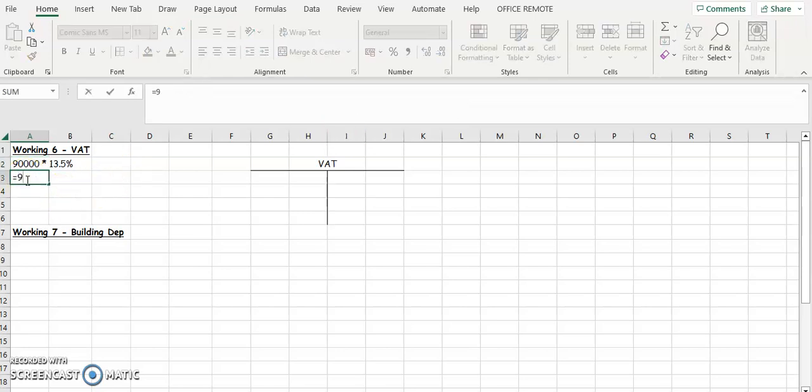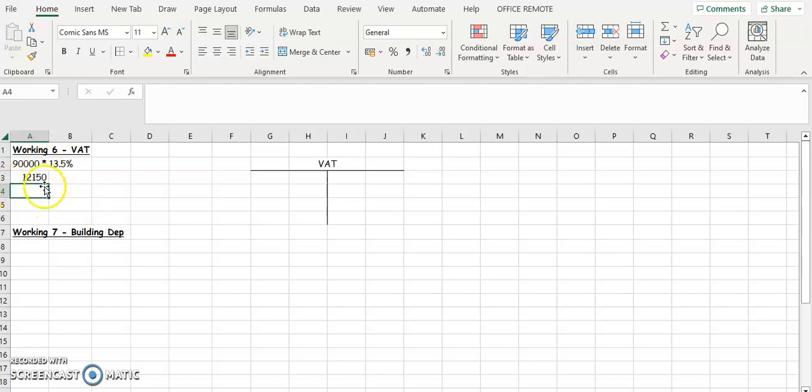So the VAT is going to be 12,150. That's what the VAT is. So we need to decrease our VAT and we need to decrease our building.